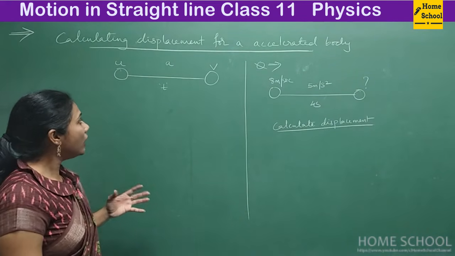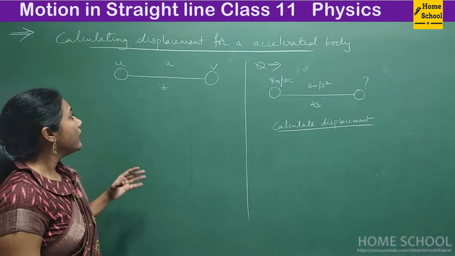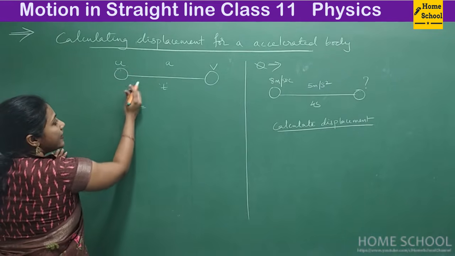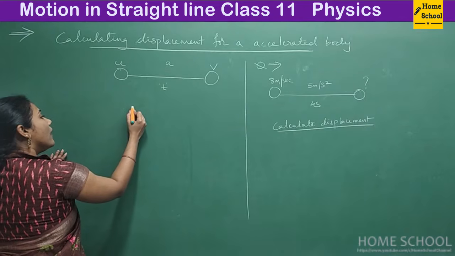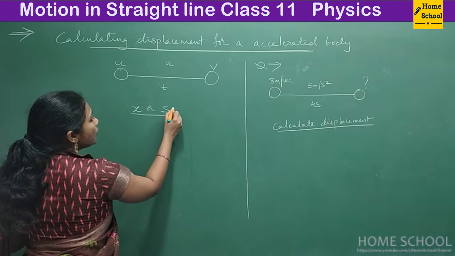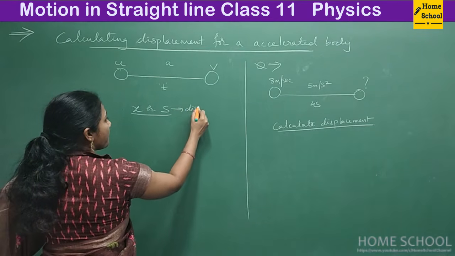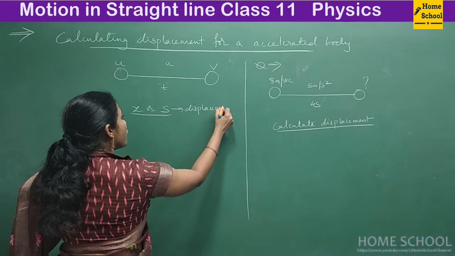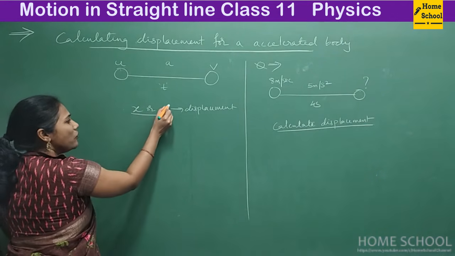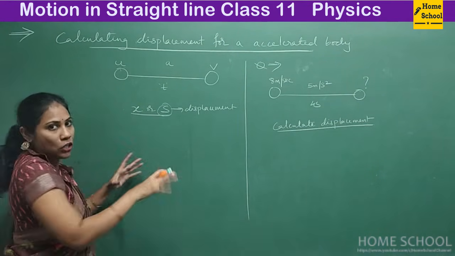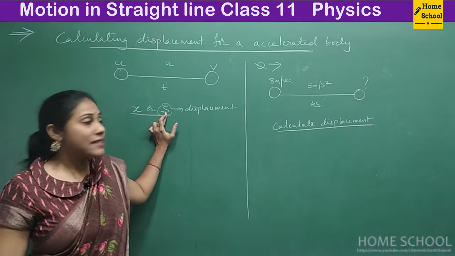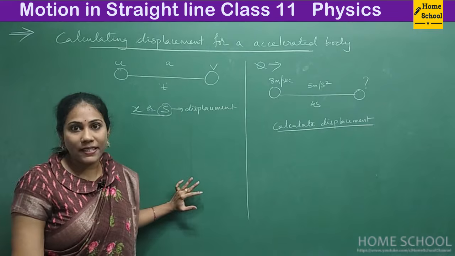Normally they will ask you for the displacement. Displacement can be denoted by the letter x or s. We mainly use x normally. Remember, s here does not mean distance, it means displacement.